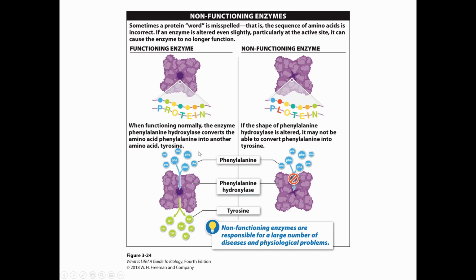And so we see that we have phenylalanine and we push it through our enzyme, we get tyrosine at the end. But in the non-functioning side, our phenylalanine cannot actually fit. And since it cannot do that, phenylalanine never becomes the tyrosine. A lot of different diseases and physiological problems are because of this, because some sort of enzyme has stopped working or never worked in the first place.